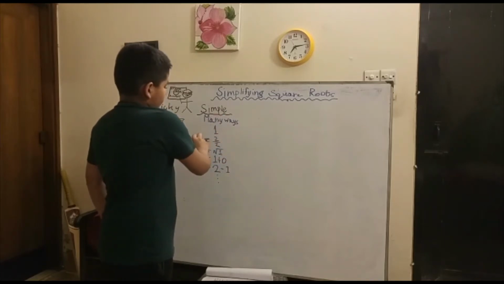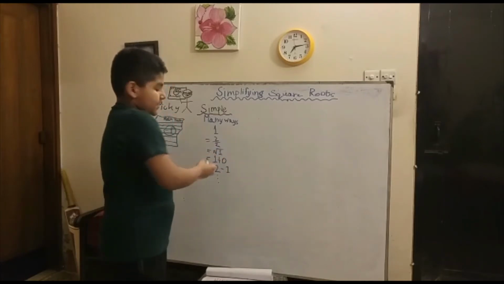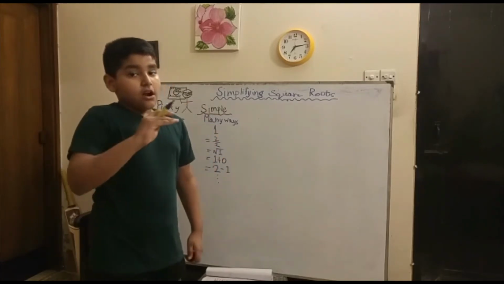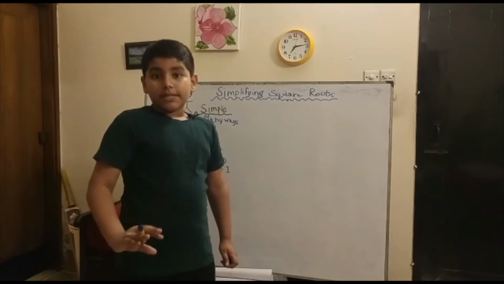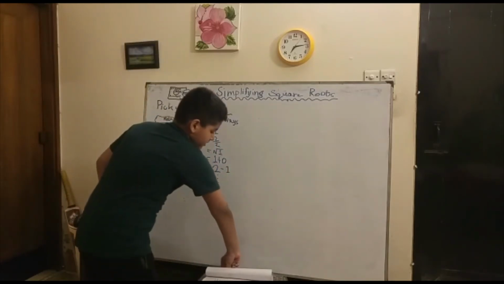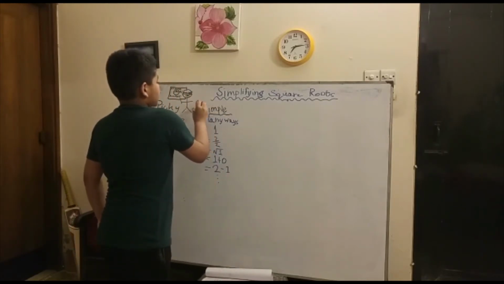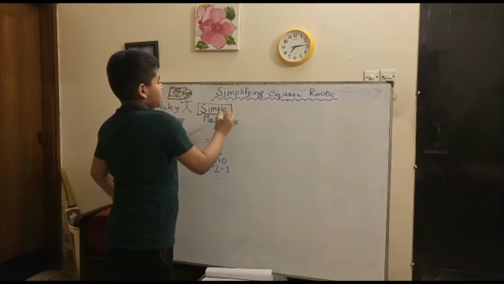So one could be represented as 2 over 2, square root of 1, 1 plus 0, 2 minus 1. There are infinite possibilities. But we want numbers as simple as possible.